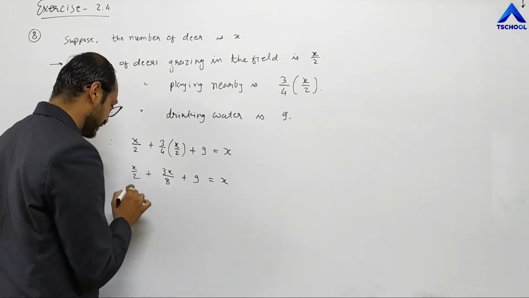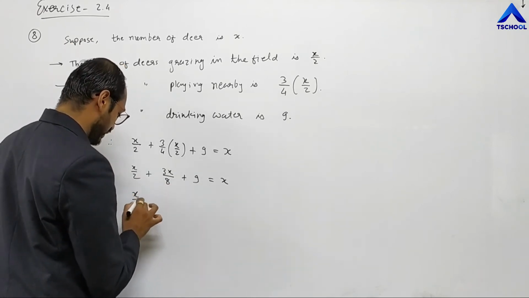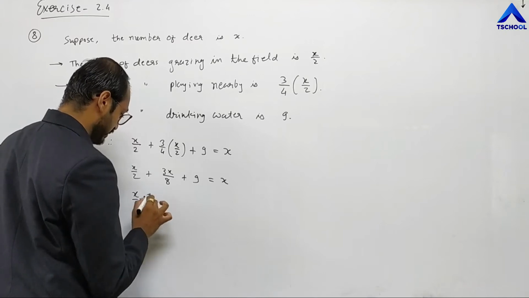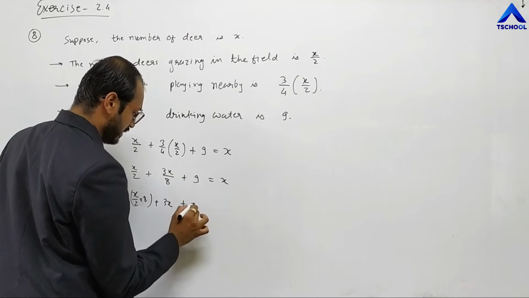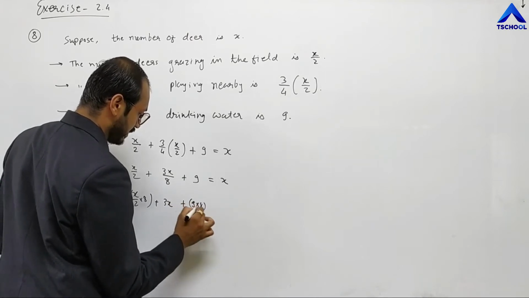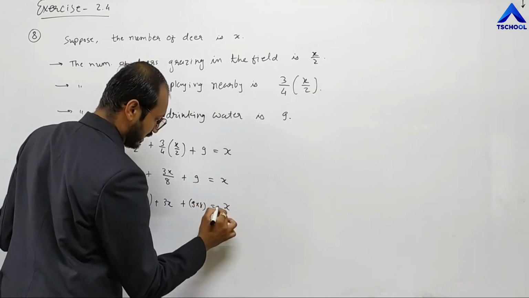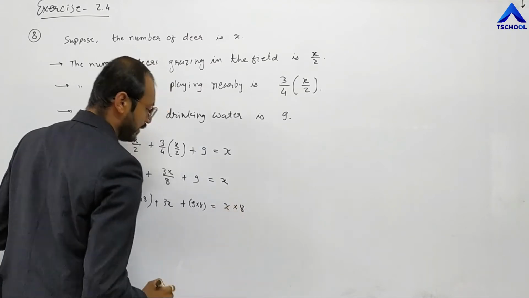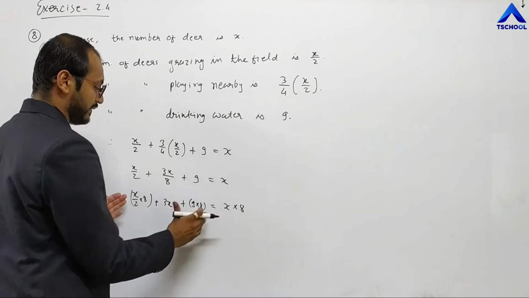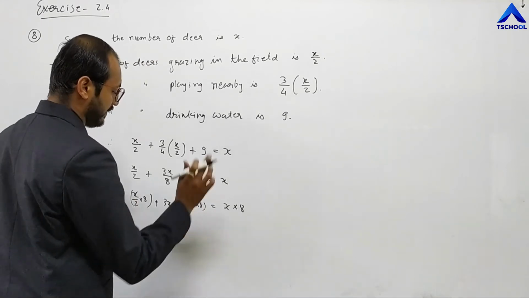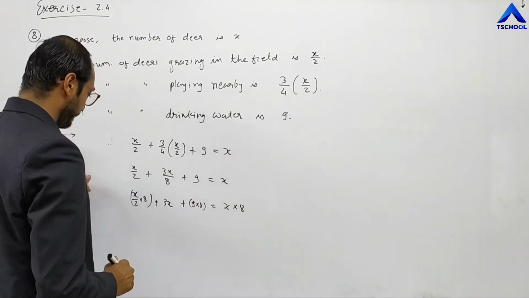So here x by 2 into 8, plus here it will be cancelled, so 3x is remaining, plus 9 into 8 equals x into 8. We multiplied by 8 on both sides, as well as 8 is multiplied with each term.